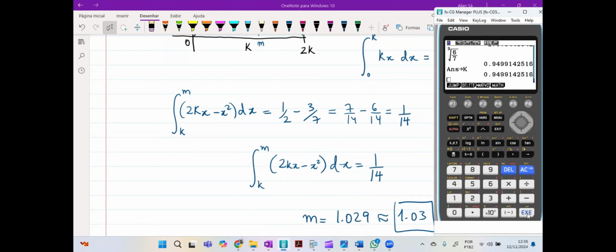So from now on in this calculator, K is 0.9499 and so on.